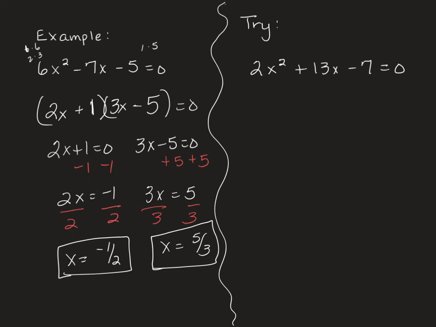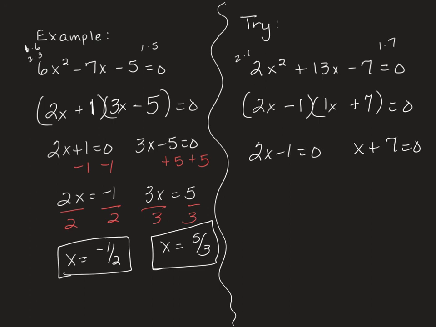Okay, so for this one, I'm going to do my 2 parentheses again. 7 is 1 and 7, and 2 is 2 and 1. So I'm going to put 2x and 1x, and to get 13, we're going to want to multiply 7 by 2. We're going to want a positive and a negative. Set them equal to 0.